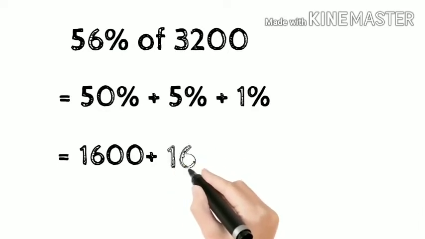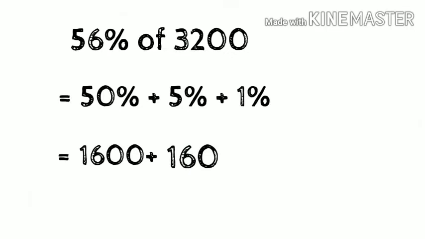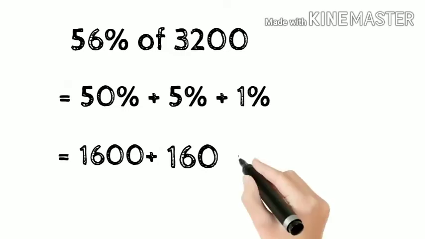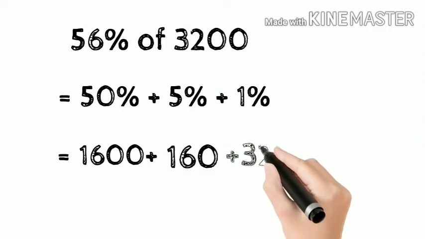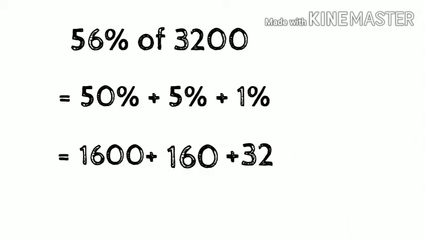So 5% will be half of 320, that is 160. Now to calculate 1%, we should divide 3200 by 100. So the answer will be 32. And we will add 1600 plus 160 plus 32 to get our final answer. So our final answer will be 1792.